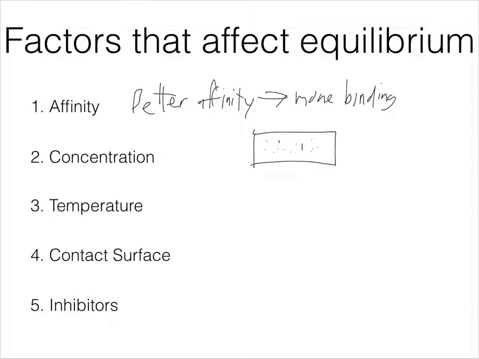So the more concentrated the ligand is, and the more receptor that there is, the more likely binding is going to happen. So in our equilibrium equation here, A plus B goes to AB.